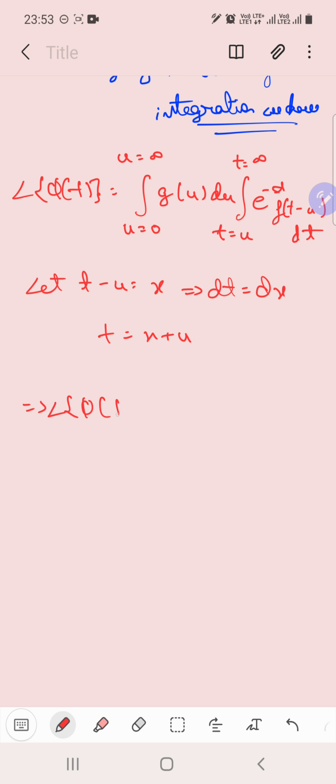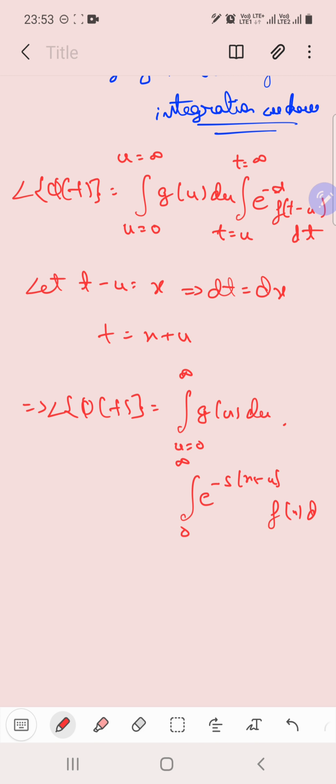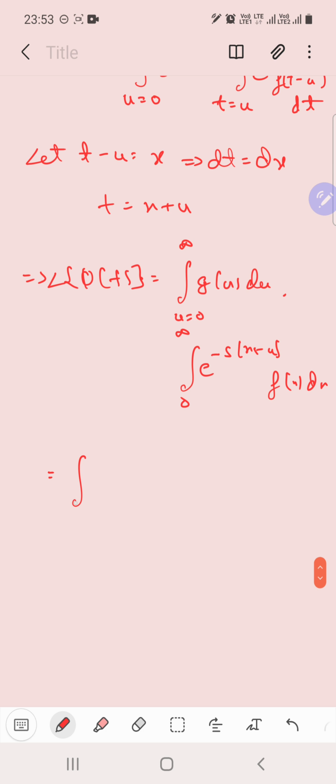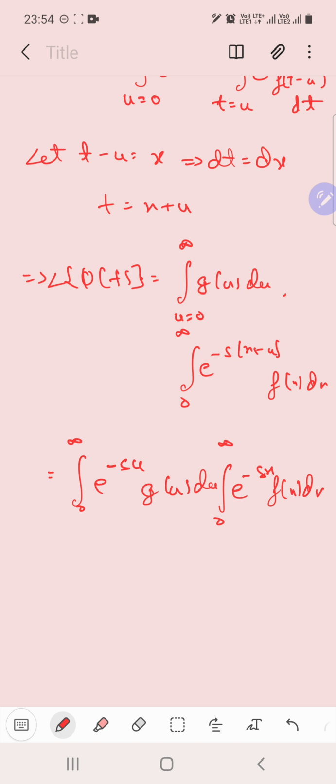So from here what do we get? Laplace of phi(t) is equal to integration u equals 0 to infinity g(u) du times integration 0 to infinity e to the power minus s(x plus u) f(x) dx, that is equal to integration 0 to infinity e to the power minus su g(u) du times integration 0 to infinity e to the power minus sx f(x) dx, since e to the power minus su can go outside.